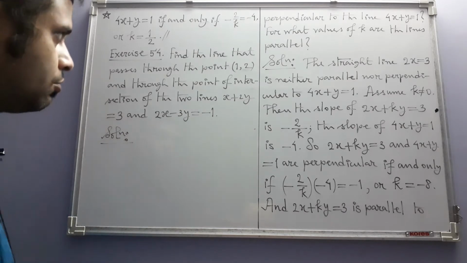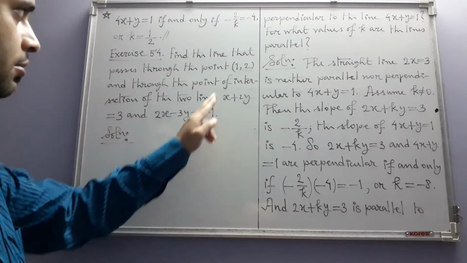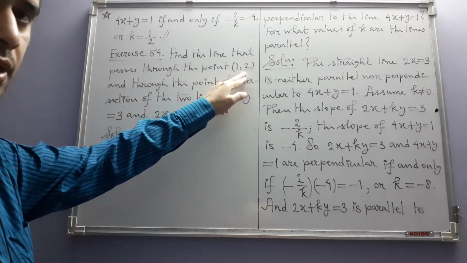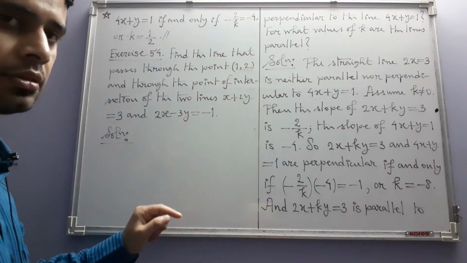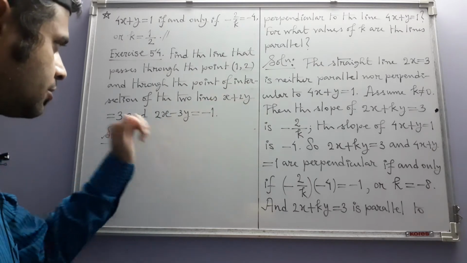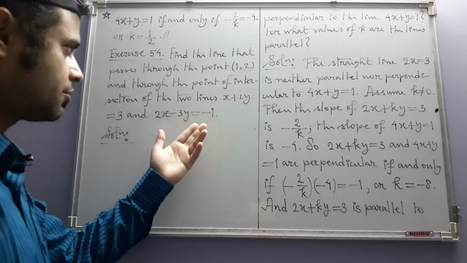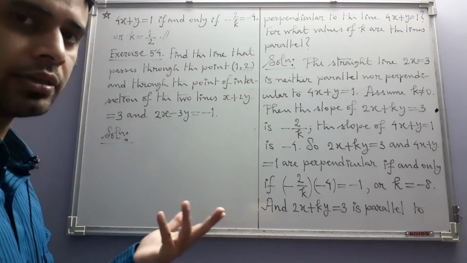So that means 2 points are given. One is explicitly given, its coordinates are given, the other is given indirectly, namely as the point of intersection of these two lines. So we have to solve these two equations and find that other point.